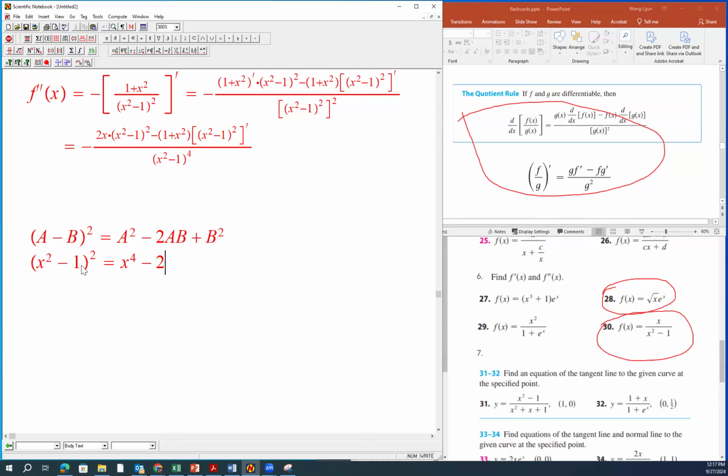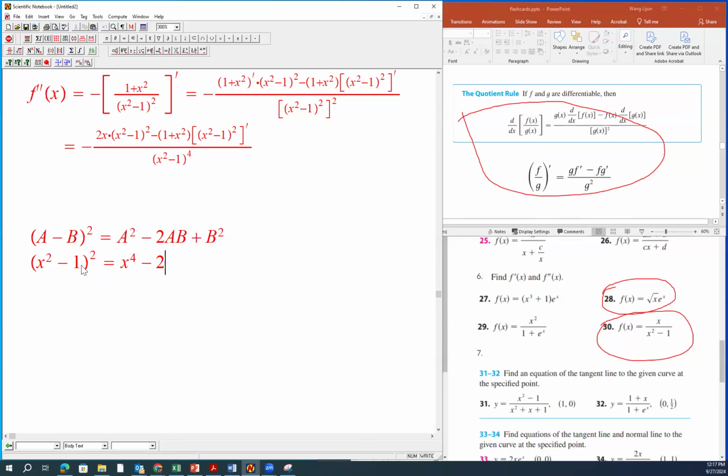So we're basically differentiating this piece. I don't think we need to do it on the side. We can just take this piece and do it here.